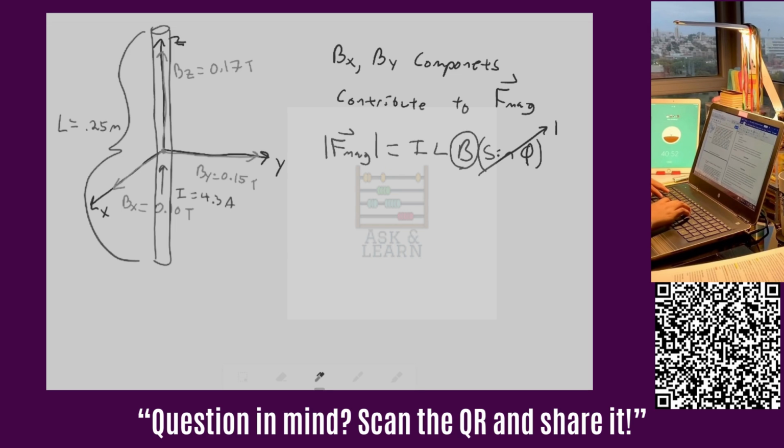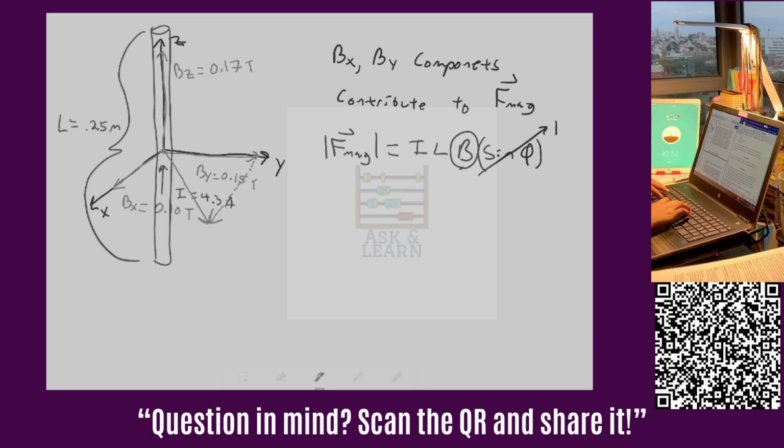Well, if we look at that, if we take our x component of the magnetic field and move it over there, we have a total magnetic field that contributes to the magnetic force like this, and you'll see that it's the y component and the x component of the magnetic field that make up the perpendicular part of the overall magnetic field that's going to contribute to the magnetic force.